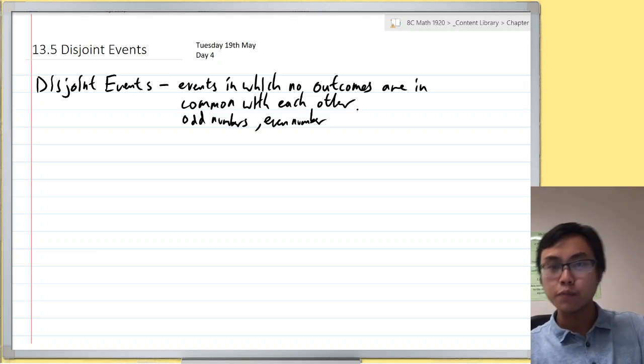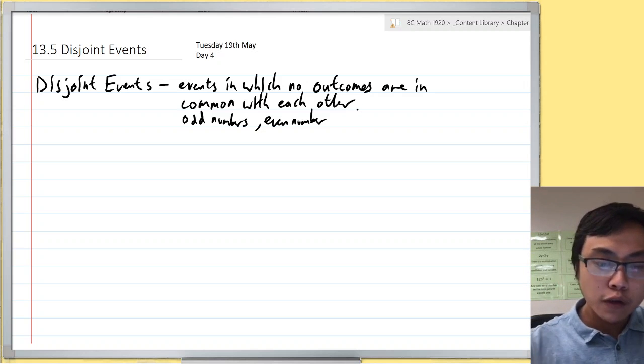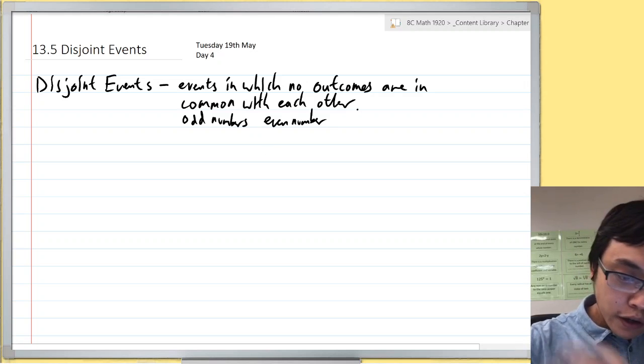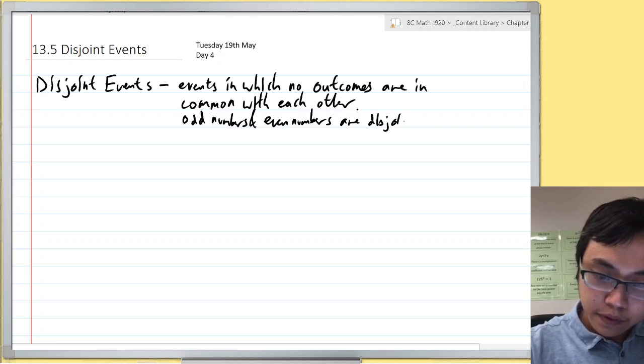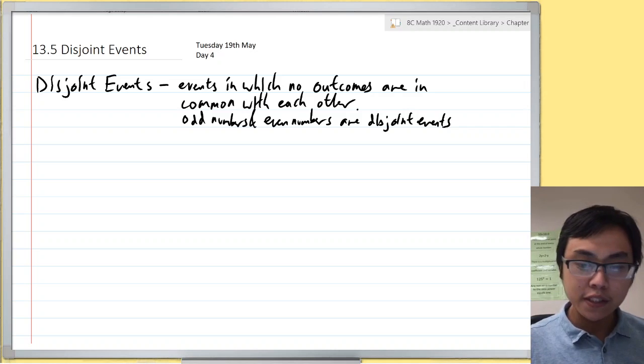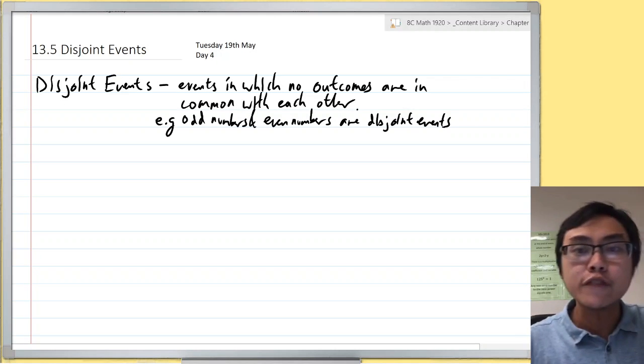Odd numbers are 1, 3, 5, and even numbers are 2, 4, 6. There are no outcomes in common. So odd numbers and even numbers are disjoint events. Hopefully that is a fairly simple example to understand the meaning of disjoint events.